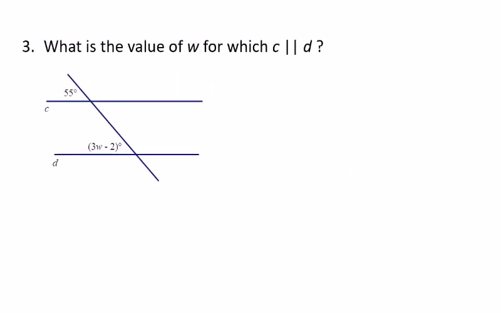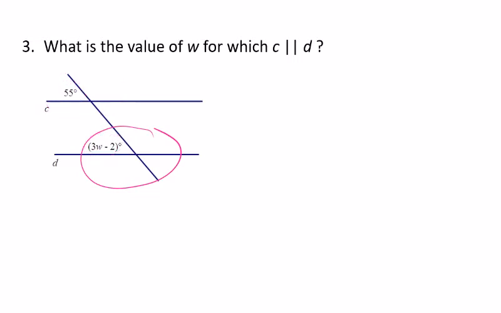All right, similarly, number 3, what's the value of W for which C is parallel to D? Okay, so we have to identify what kind of angles we have here. What type of angle pair is this? So these two angles are both in the same position in their respective intersections, right? So they're both in the top left position in each of their intersections.